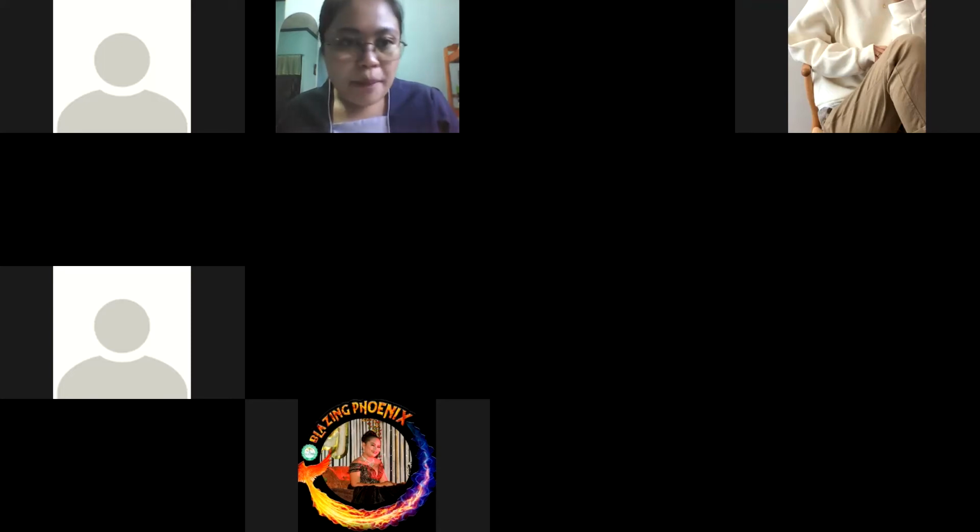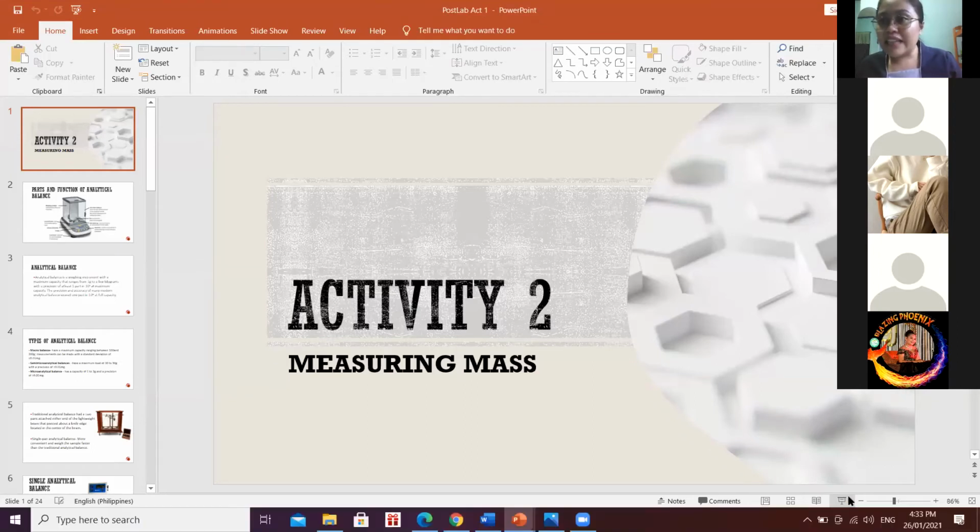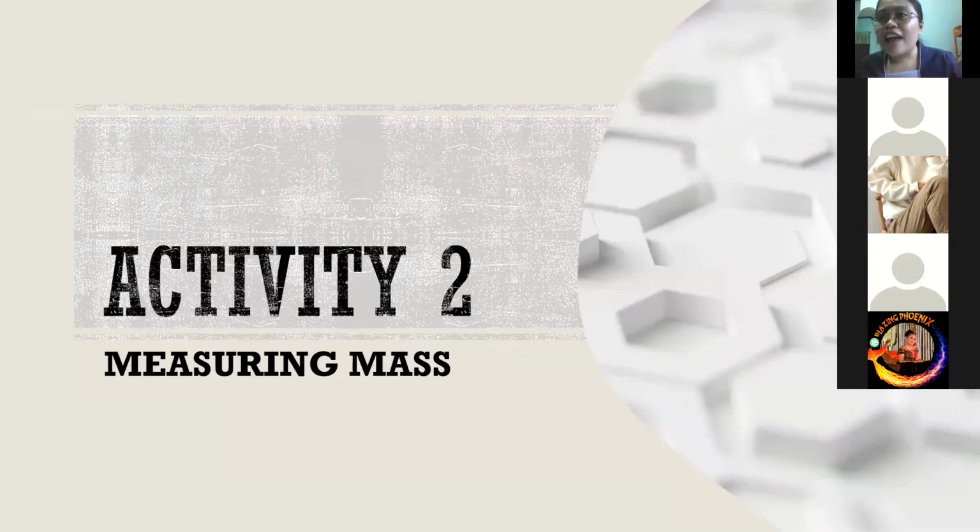Since we are talking about quality, we are only allowed to use the analytical balance. We will get familiar with it again, because I believe you carry it wherever you go, to the 3rd floor, back to the 1st floor, to the animal house, the chem lab, the physics lab.